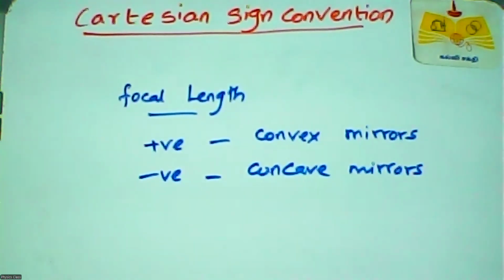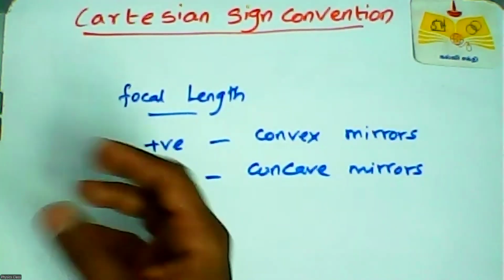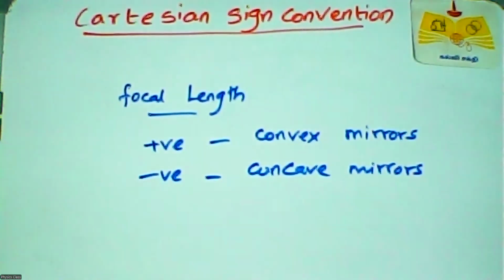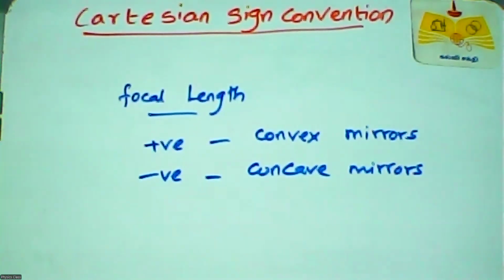Then another one, object height. I already told you that object height is positive, because the object is always placed above the principal axis. So object height is always positive.